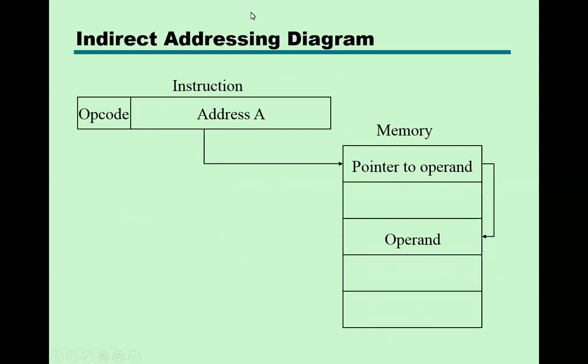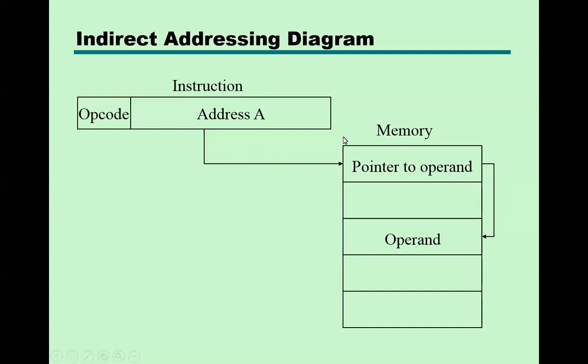Next one is indirect addressing. So why direct and indirect, you can easily remember by this diagram. In the last lecture we have discussed. Here, you have a reference of a memory location, but actually on that memory location there is no operand available. That memory location points to the operand.